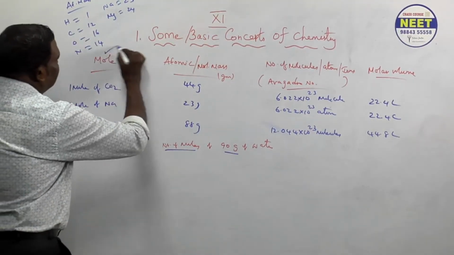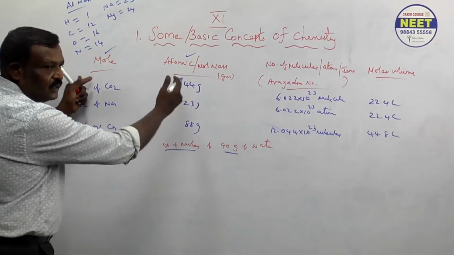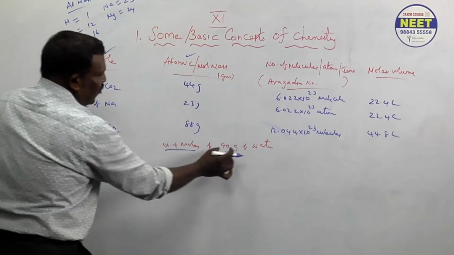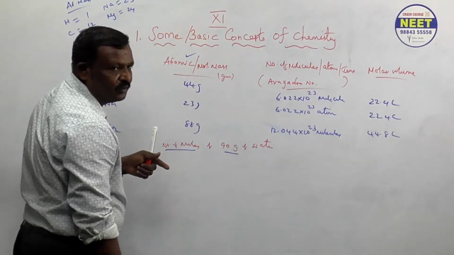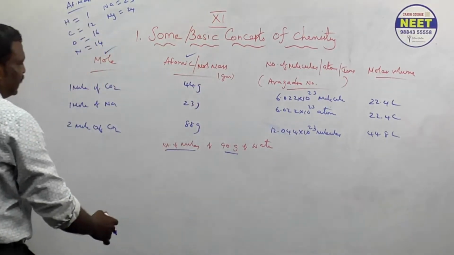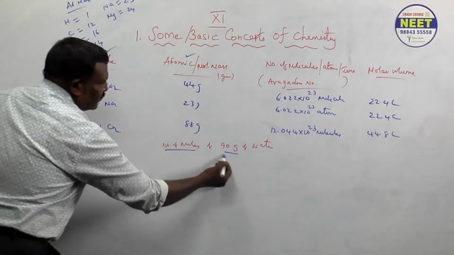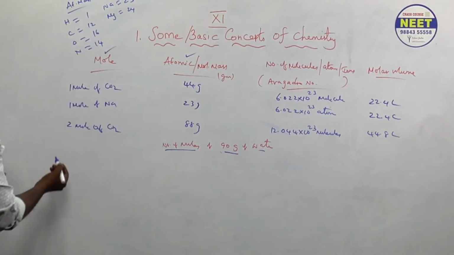Number of moles means you have to compare these two quantities only. Number of moles, gram. The other two quantities you need not worry about. Only the number of moles and atomic mass we have to compare. So what is this? 90 gram of water, so 1 mole of water.